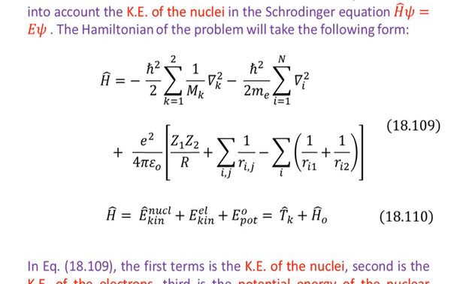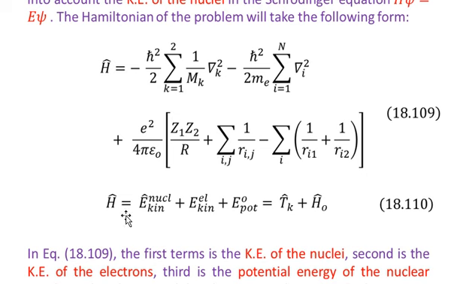This can simply be abbreviated as H operator equal to the kinetic energy of the nuclei, E_kin of nuclei, plus the kinetic energy of the electrons, E_kin of EL, where EL stands for the electronic state, and then plus E_pot of 0, where E_pot stands for the potential energy of the system.